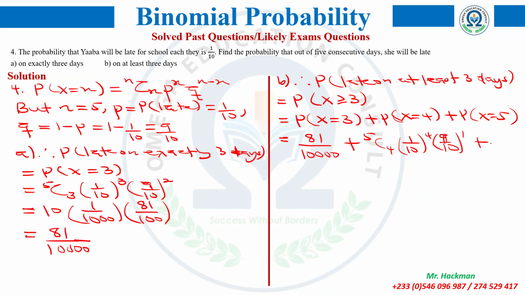Then plus, let me come down. And that will give us 5 combination 5, then 1 over 10 to the power 5, then 9 over 10 to the power 0. So I guess the next one we can continue. Safa. Yes.